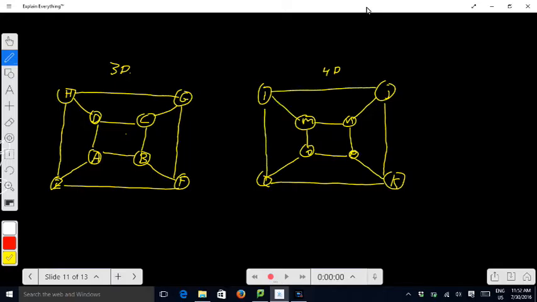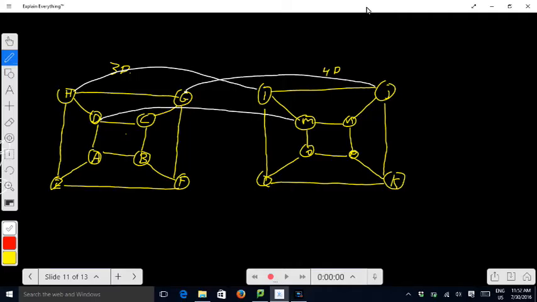So there's my second object, and now I just connect. It is not going to look very nice.